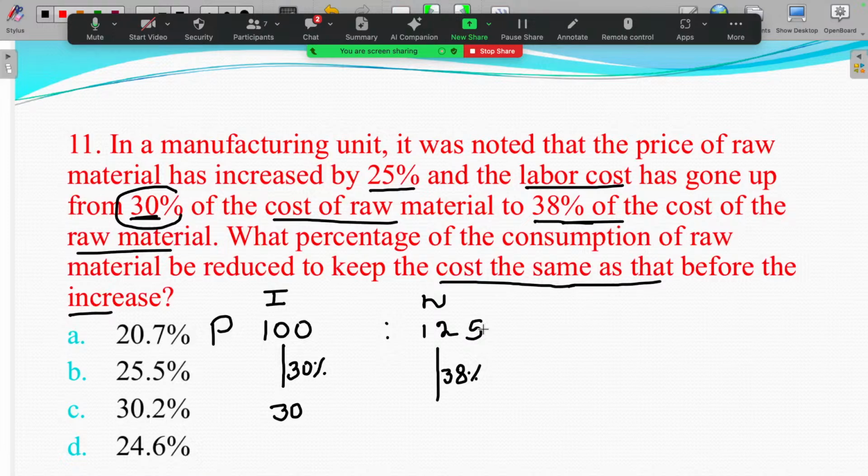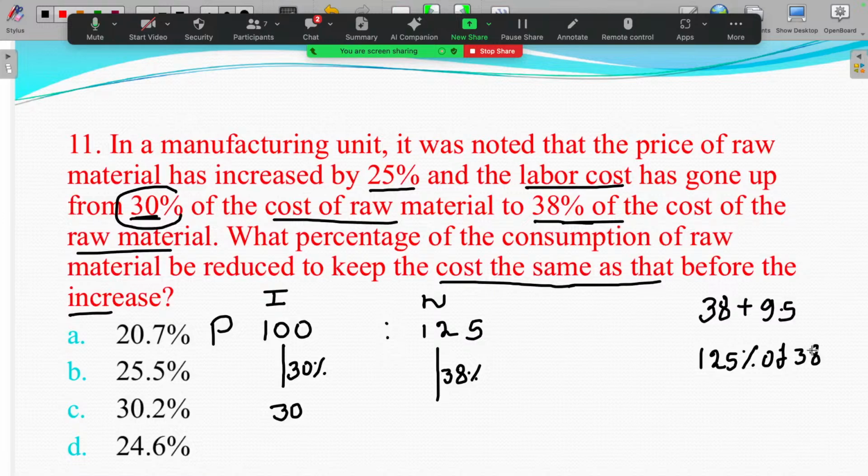Good morning, all YouTube students. Tell me, how to calculate 38 percent of 125? Can I write the answer as 38 plus 9.5, that is 47.5? How to calculate 125 percent of 38 instead of 38 percent of 125?